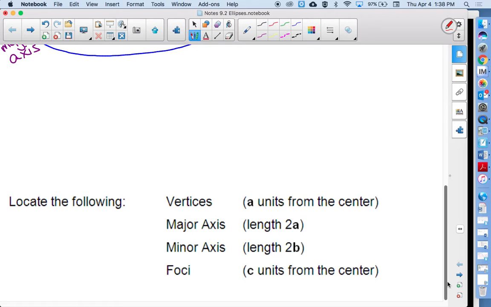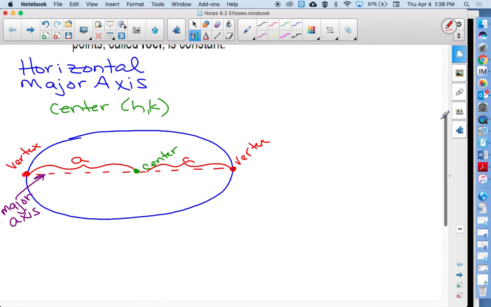Part 3, we want to find the minor axis. Where do you think the minor axis would be? Brandon? Going vertical, because it has to be whatever's left, and the other way would be to go up and down. So again, we have this imaginary dashed line.